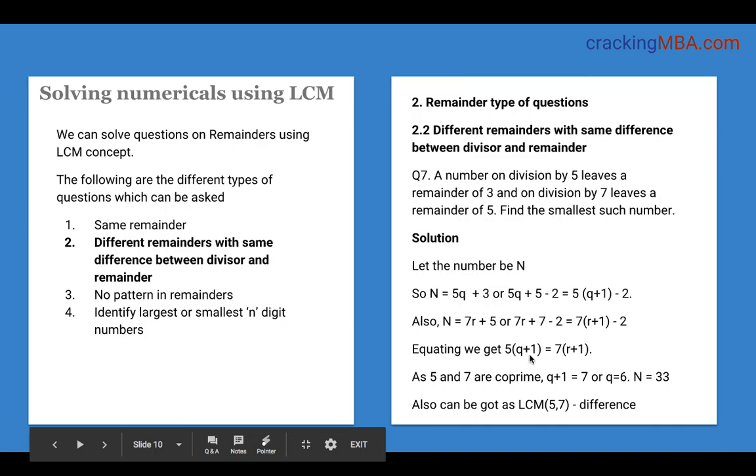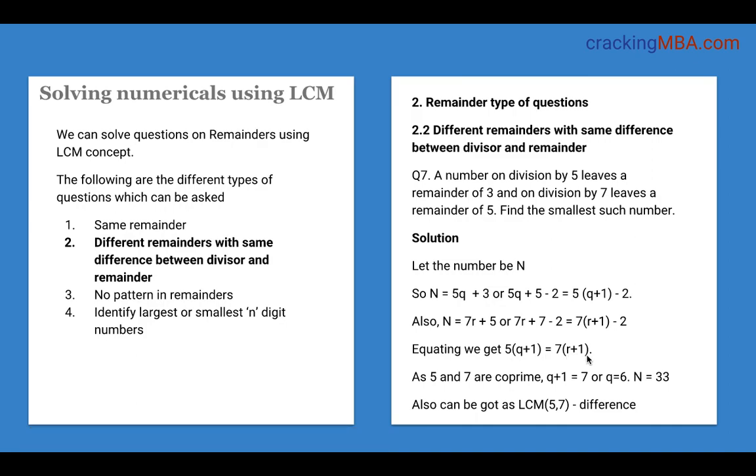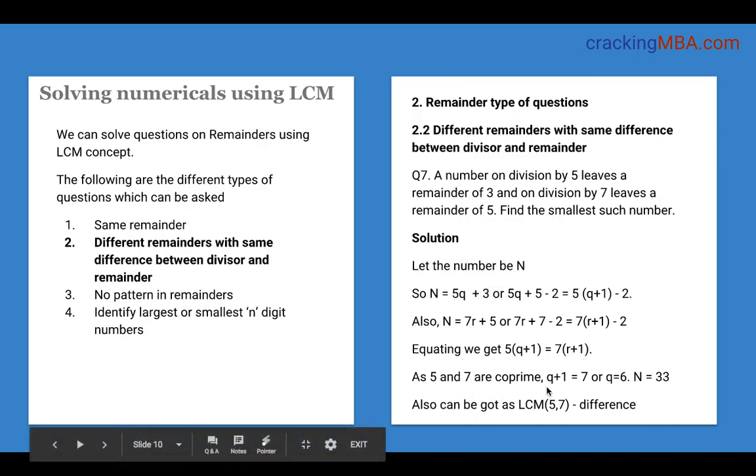We get 5 into (q plus 1) is equal to 7 into (r plus 1). Now 5 and 7 are co-prime, so q plus 1 should be 7 or a multiple of 7. Taking q plus 1 equal to 7, we get q equal to 6, and when I substitute q equal to 6 into 5q plus 3, I get n equal to 33. So n equal to 33 is the smallest such number.